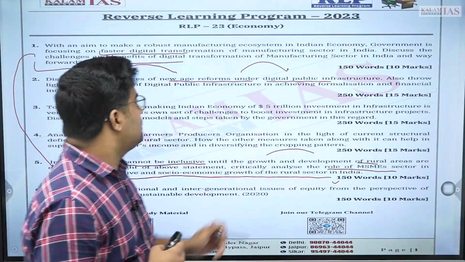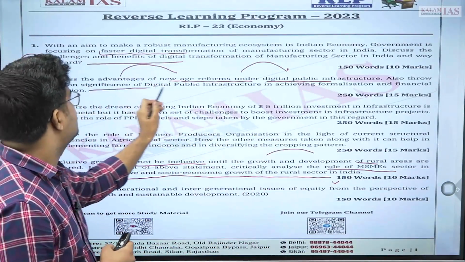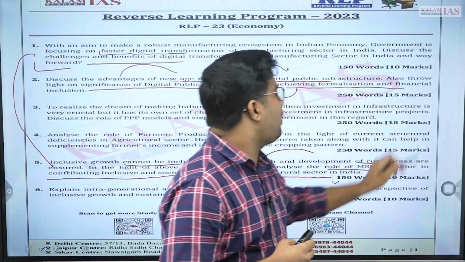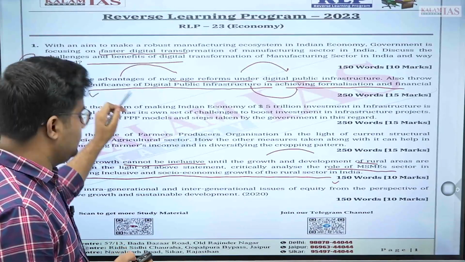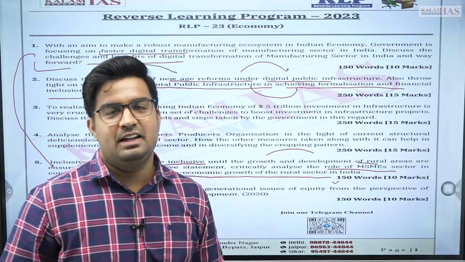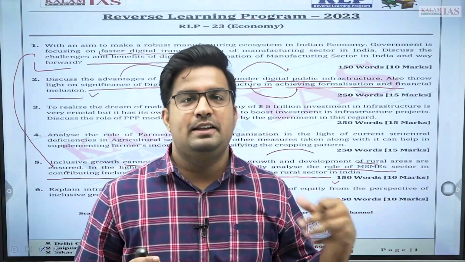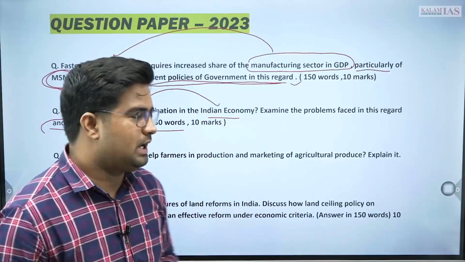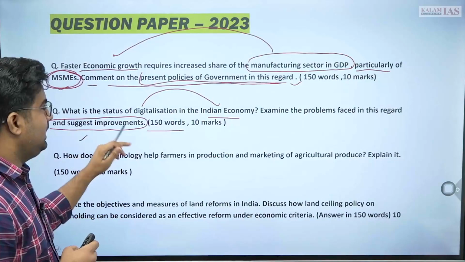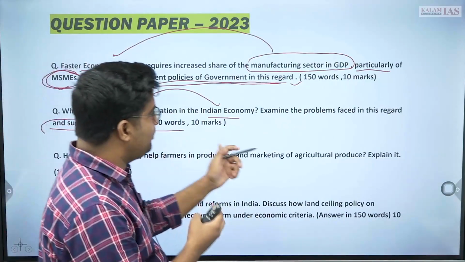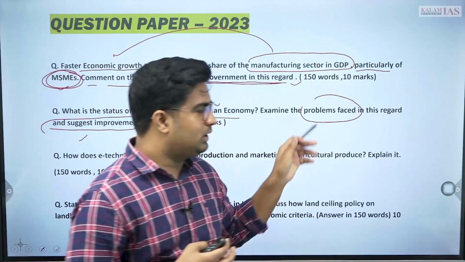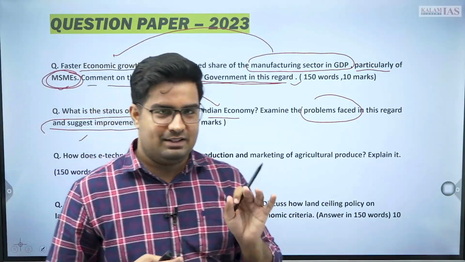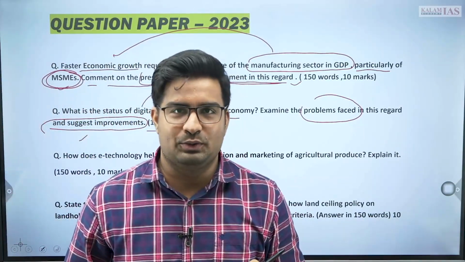Also throw light on the significance of digital public infrastructure in achieving formalization and financial inclusion. So you can see that indirectly, or in a different way, the question is reflected in the second question which I have just told you, the suggested improvements, the problems it is facing, and the other things in this digitalization part. So I strongly believe students must have done this easily.